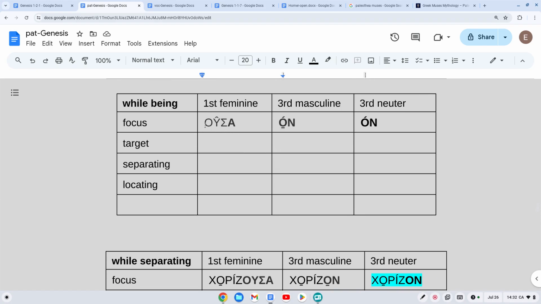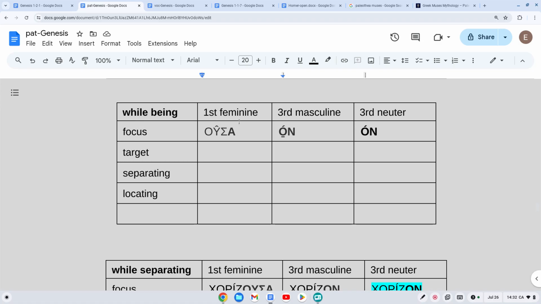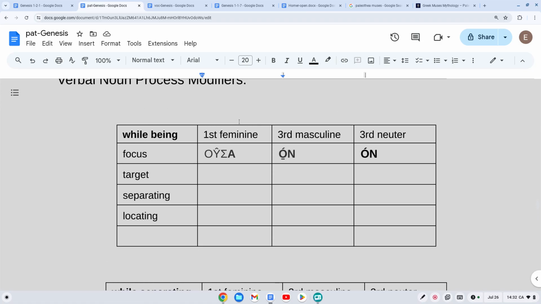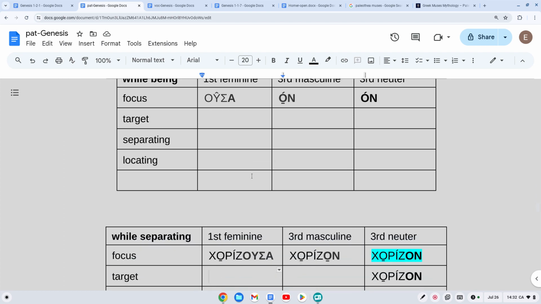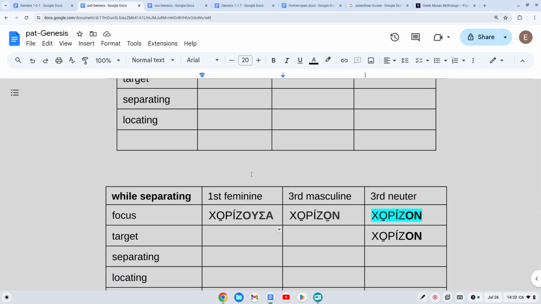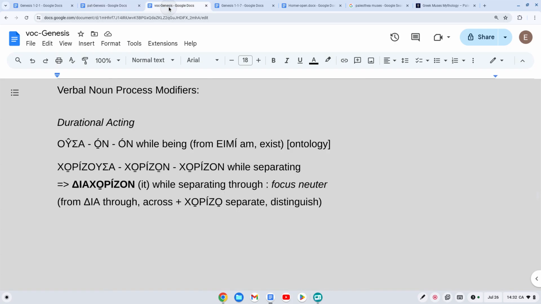And here we have the verbal noun process modifier for the verb emi, to be, I am, and it means while being. Here's the feminine, the masculine, and the neuter, and it forms the basis of all the durational acting verbal noun process modifiers.